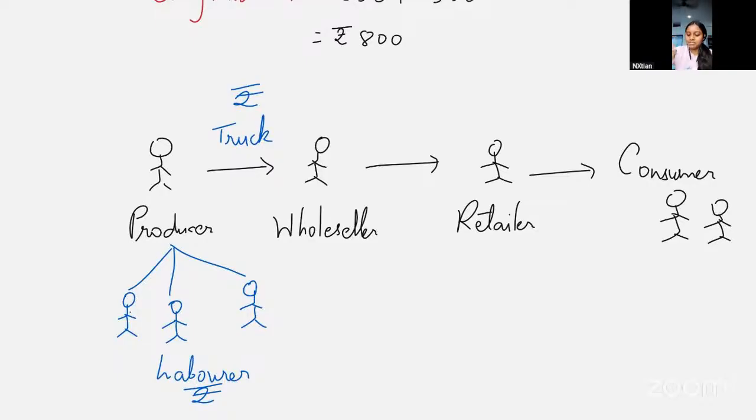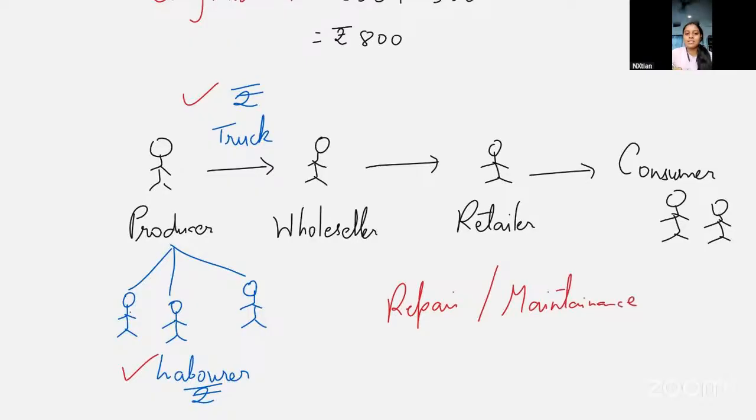So the repair, maintenance, transportation cost, labor cost, all of these are extra charges that are added to the cost. The money you pay to the truck people, to the laborers, or the money you give for repair or maintenance.